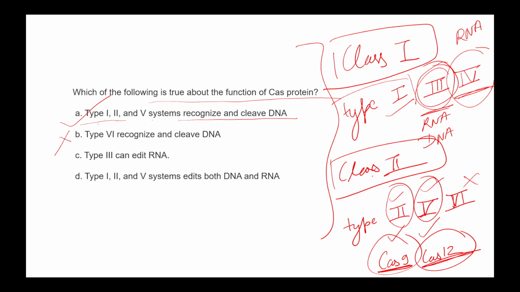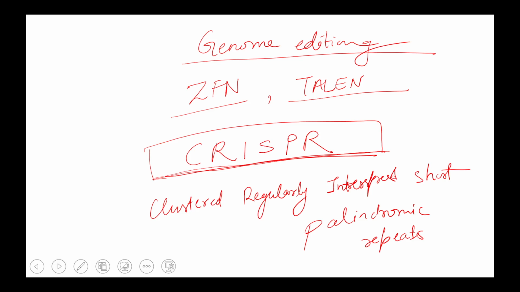It can edit RNA as well as DNA. And type 1, 2, and 5 systems editing both DNA and RNA is incorrect because they cleave only DNA. In type 2 and type 5, Cas9 and Cas12 fall under this category, which is extensively used in biotechnology laboratories.